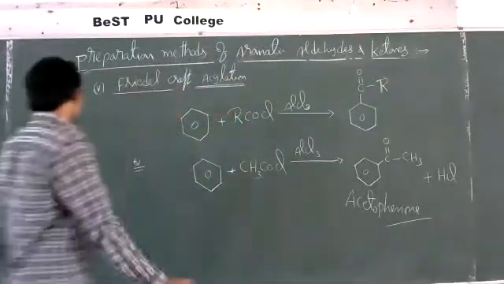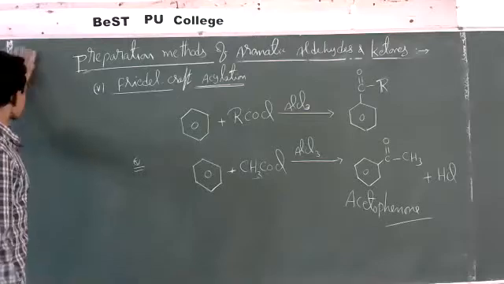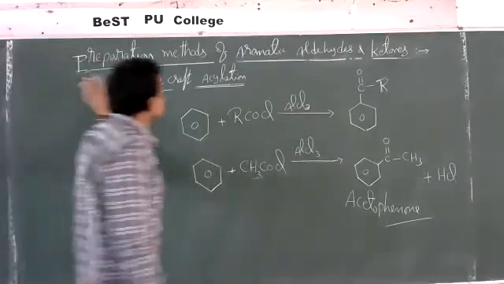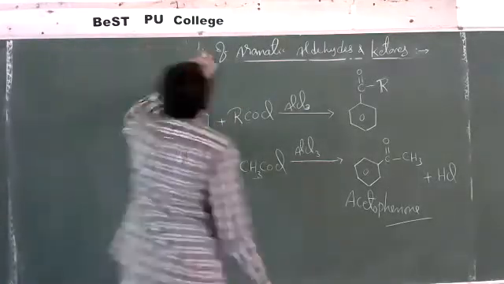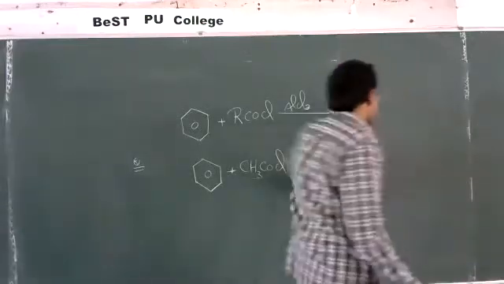Let's see one more preparation method, which is not there in our textbook, but they ask questions in objective examinations based on this: from calcium salts of carboxylic acids. You can also produce aldehydes by the dry distillation of calcium salts of carboxylic acid.